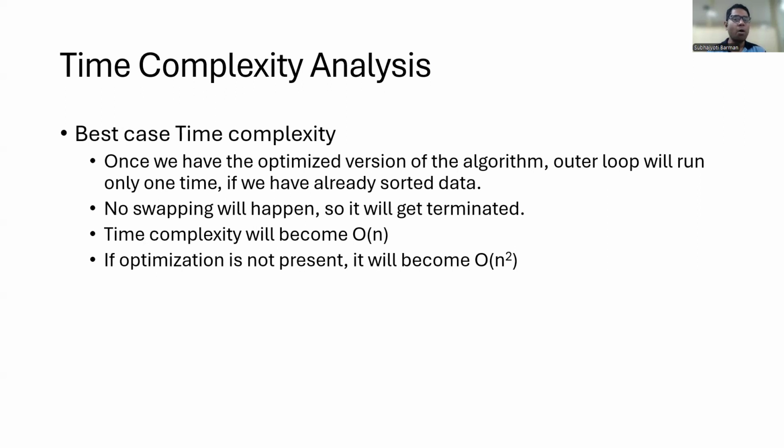If we use the optimized version of the algorithm, what will happen? It will reach all the elements from index 0 to n minus 1, and it will identify that no swapping happened. So it will terminate the algorithm, and the time complexity will become order of n. But if my algorithm is not optimized, then it will remain order of n square. From this point, you can identify why optimization is required, right?